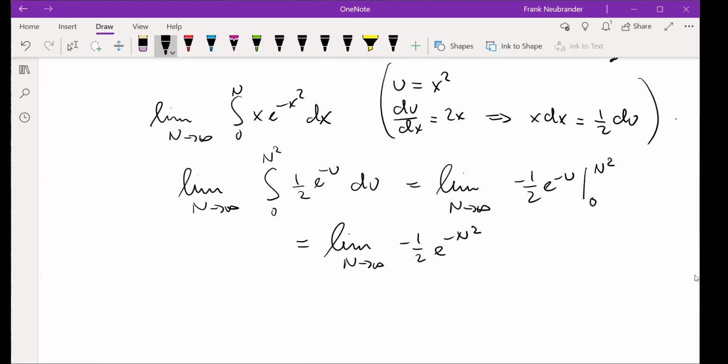And if you plug in 0, you get minus 1/2. If you take n going to infinity, e to the minus n squared will go to 0. So this whole thing becomes 1/2 minus 1/2 e to the 0, which is 1/2. Okay, so these were the integral problems.